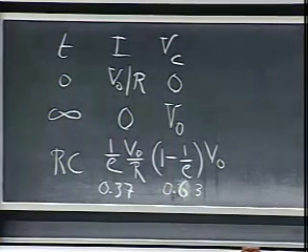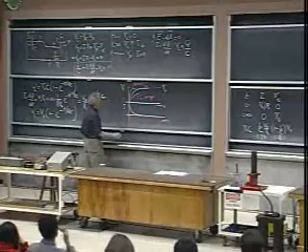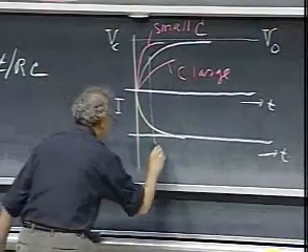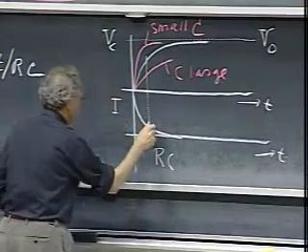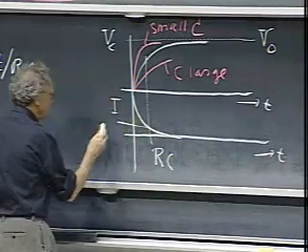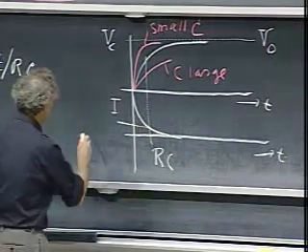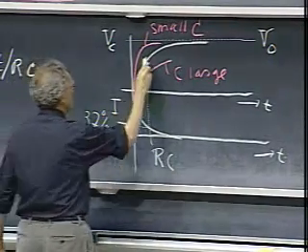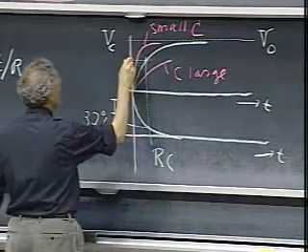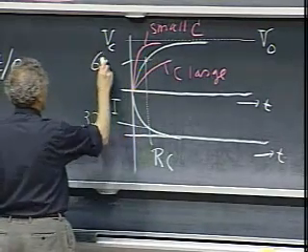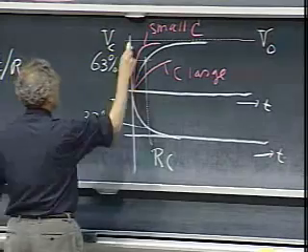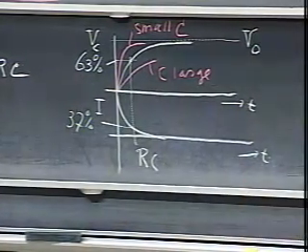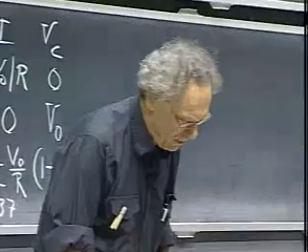In other words, if I go back here to my plot, and if I draw a line at time RC, then this value here is 37% of the maximum, and this value here is then 63% of the maximum. So the solution is rather obvious, very intuitive.